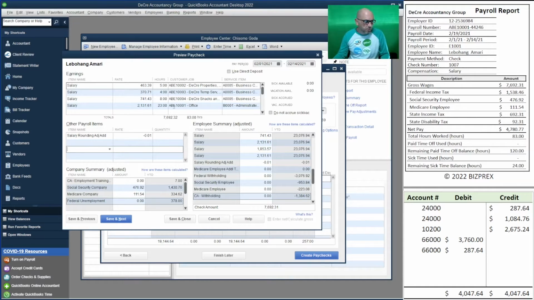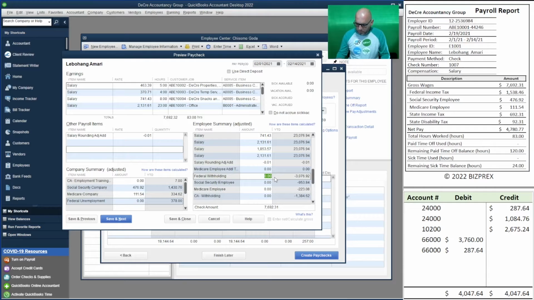So our gross looks like what is expected, and for salaried employees it's a flat rate, so it would be unusual to have that fluctuation. Anyway, let's enter the rest of it.